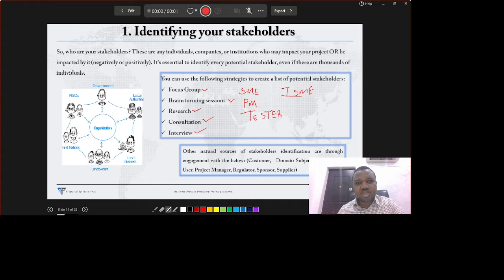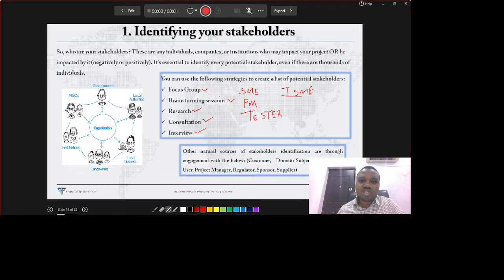The customer, the end users of that system, the SMEs. You are most likely going to work hand in hand with a project manager or a product manager, depending on the approach of delivery. It's likely that the project manager will equally mention critical individuals that you need to meet with. It's equally very high.